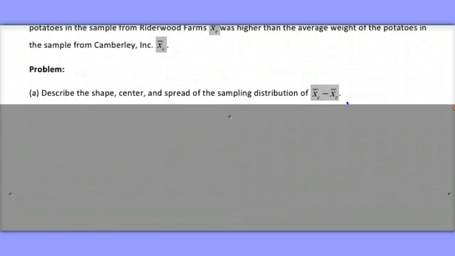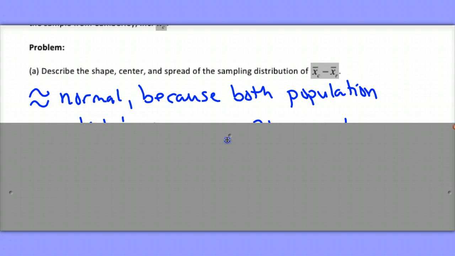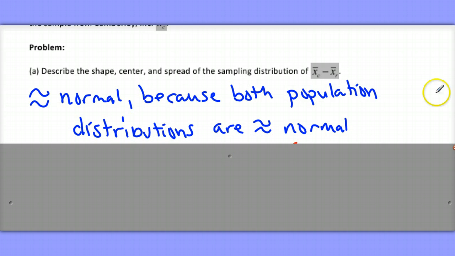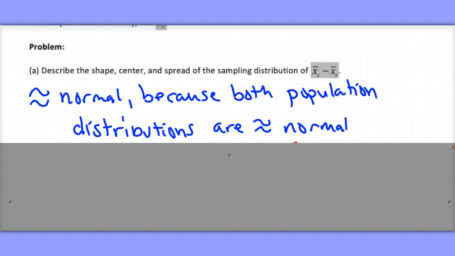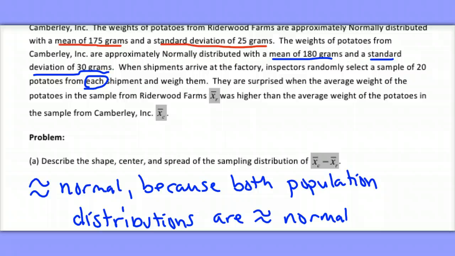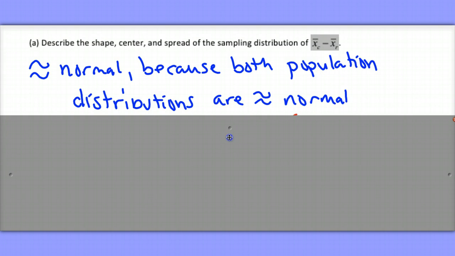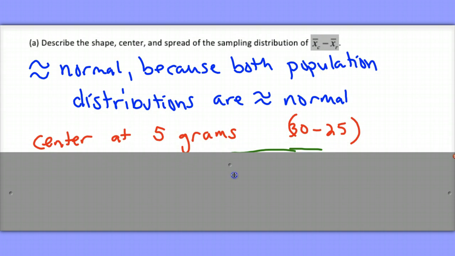First, let's describe the shape, center, and spread of the sampling distribution. Well, the shape is approximately normal because we were told that both population distributions were normal. The center of the differences is going to be at 5, the difference of the two means. So the center is going to be at 5 grams.